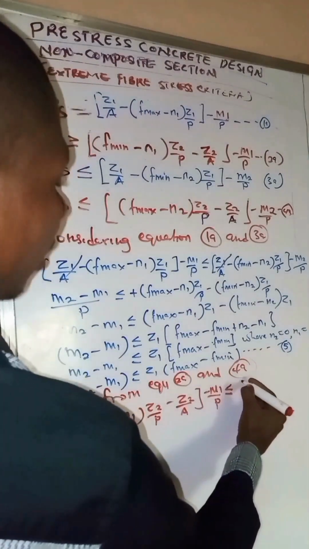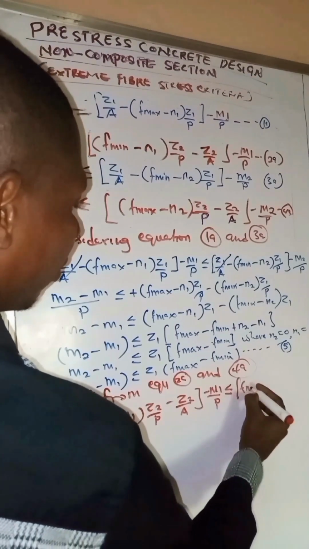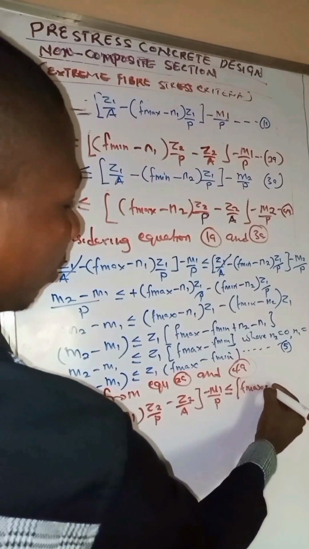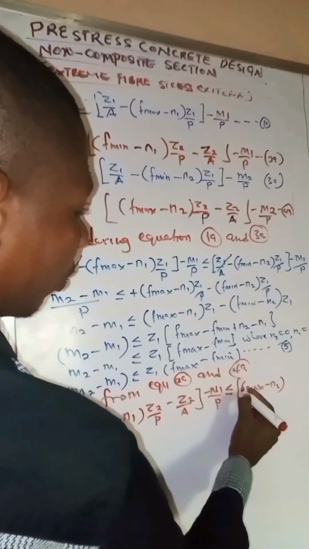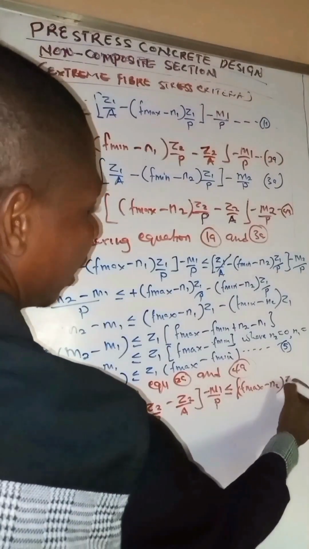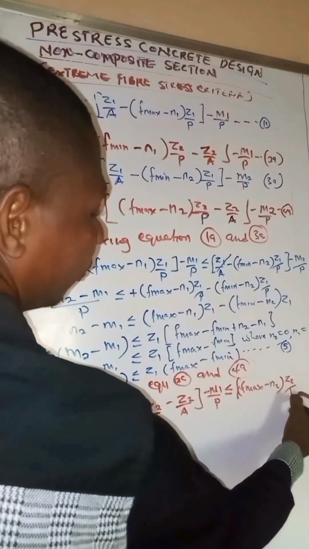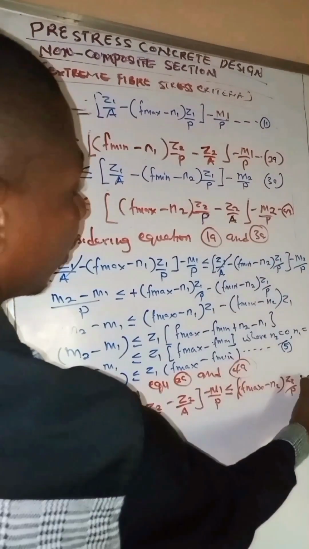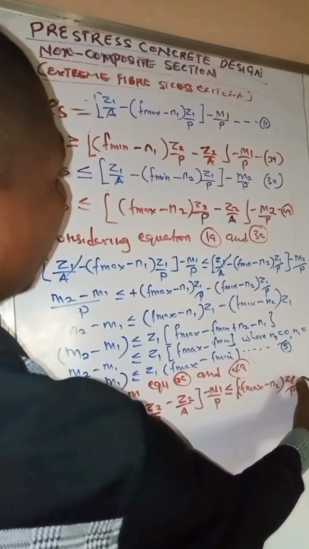It becomes (F maximum minus N2) Z2 over P. Okay, they will have minus what?